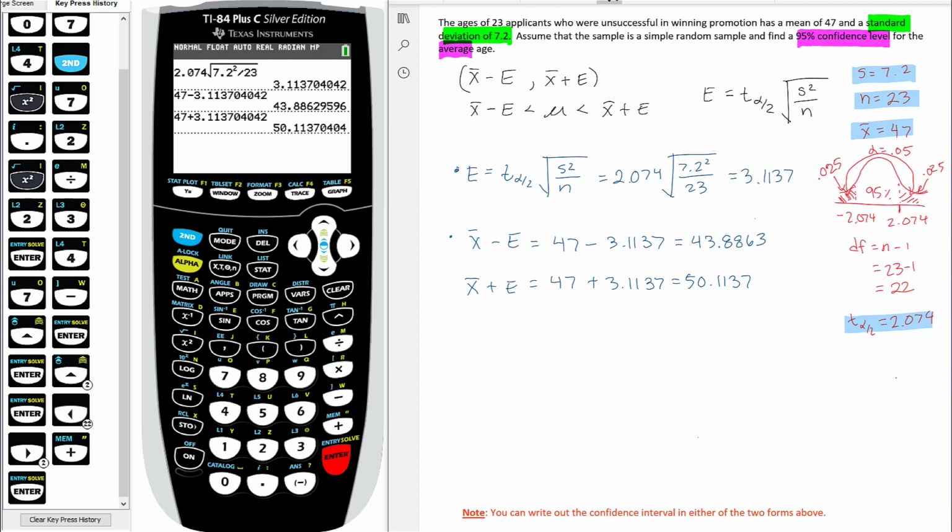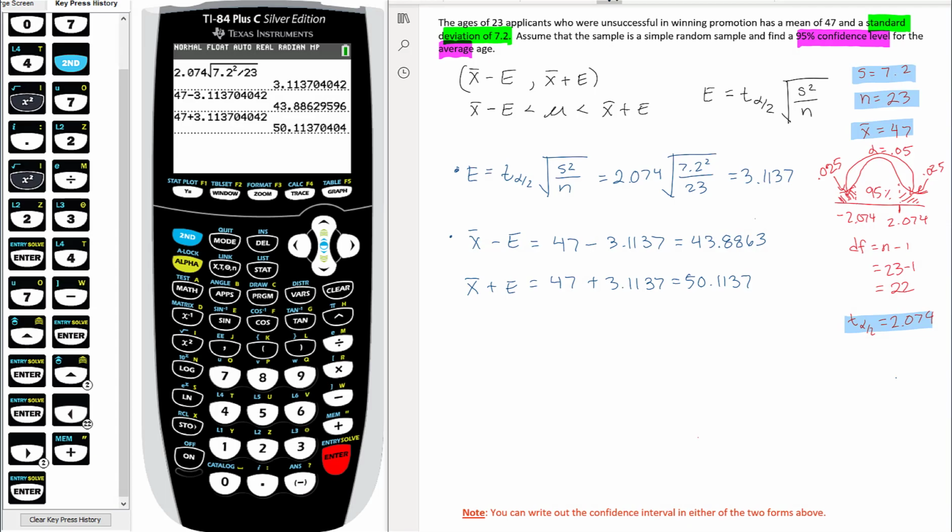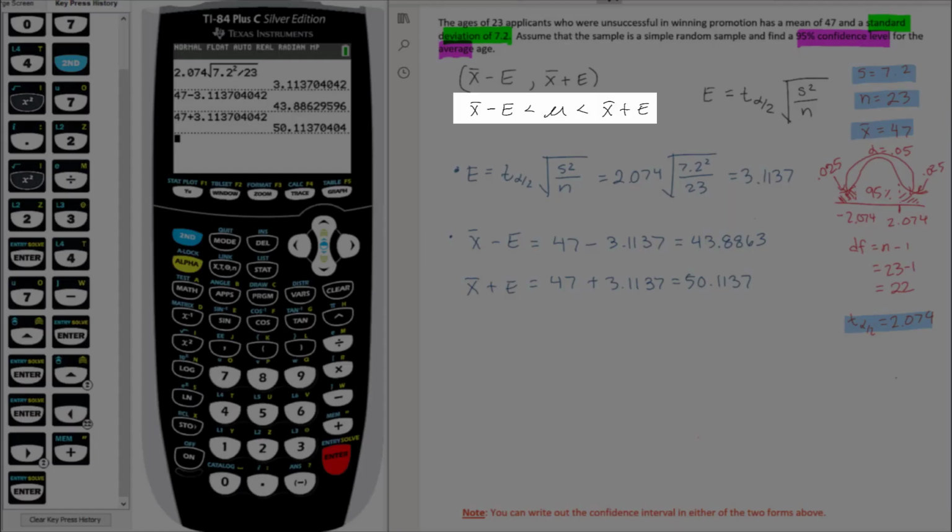Again, you can either write it in this form with interval notation, or in this form, which is inequality notation. Notice that with the interval notation, there's no brackets. It's always going to be parentheses with a comma in between. And in the inequality notation, you're always going to have your population parameter.